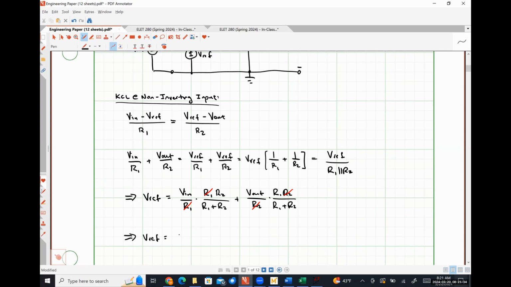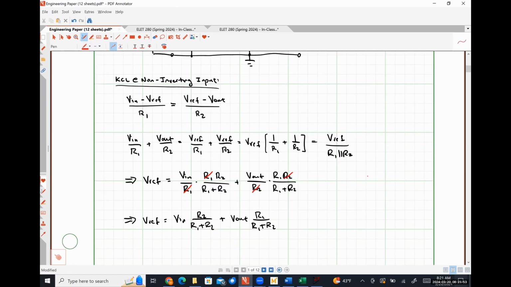VREF is equal to Vn times R2 over R1 plus R2 plus V out times R1 over R1 plus R2.